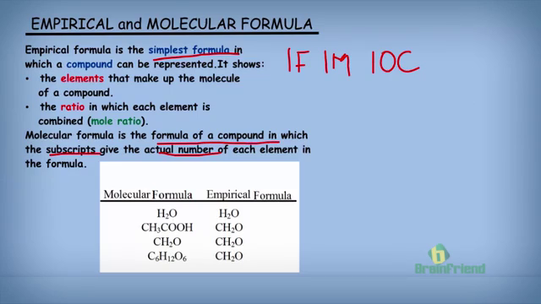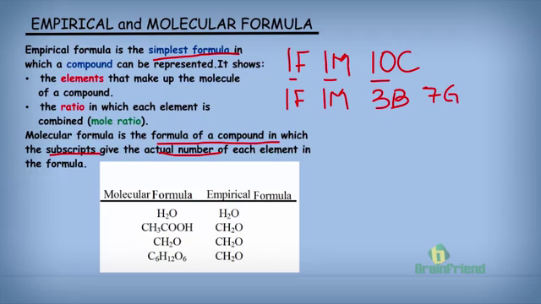Okay, so if I tell you that, that's like the empirical formula of my family. 1 father, 1 mother, and 10 children. Now, if I come again and tell you that my family is made up of 1 father, 1 mother, 3 boys, and 7 girls.